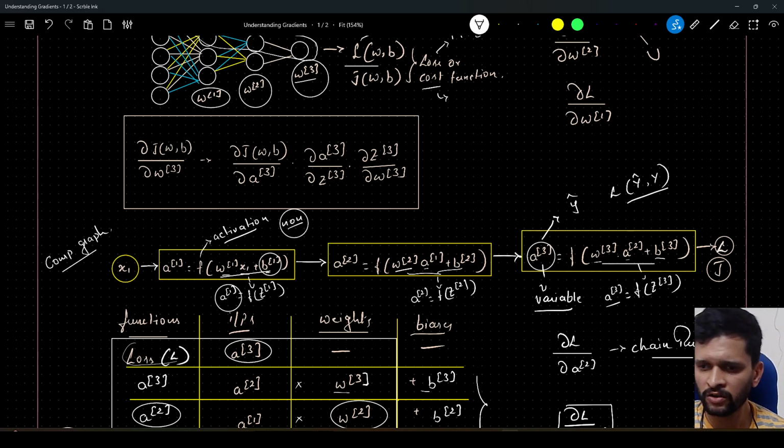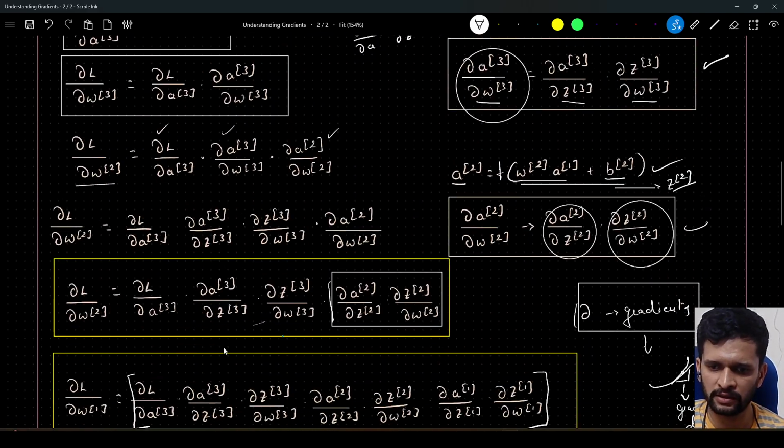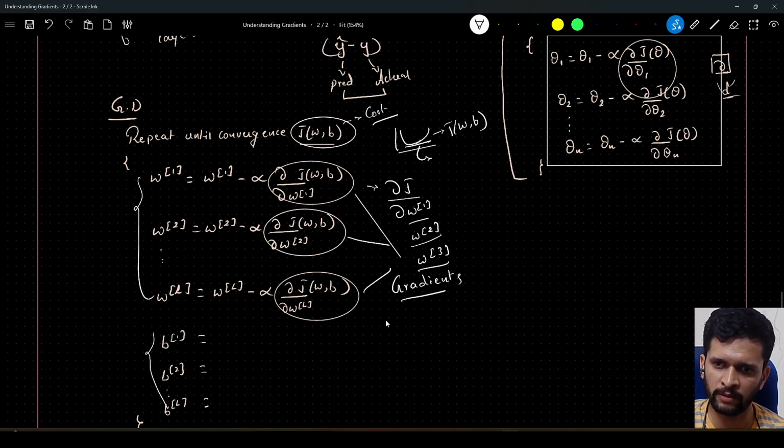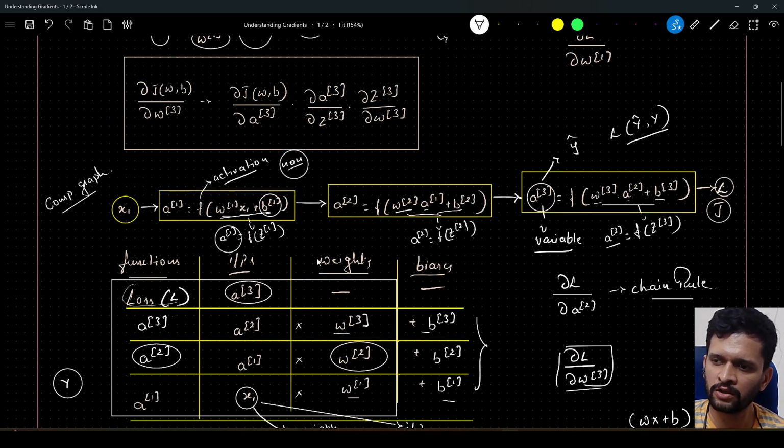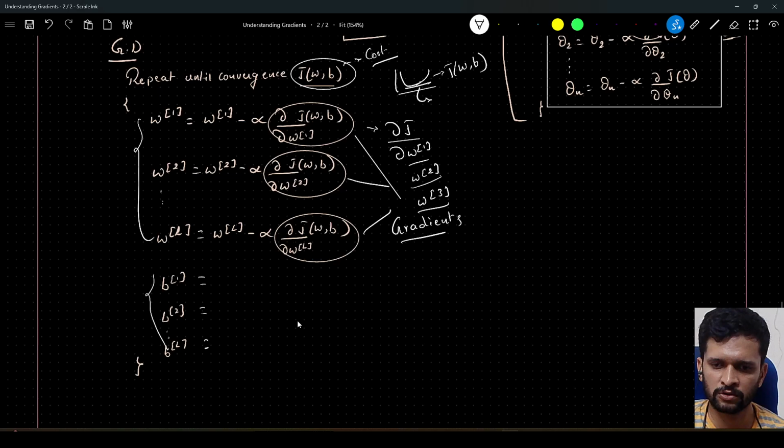Okay. Now, in order to minimize the loss, we know that we have to update these weights. How do we know? Because we are applying gradient descent and we have seen this in our algorithm below. We have to update the weights in order to reduce the loss, right? So in order to update them, we will follow certain rules as I told you. What are those rules?